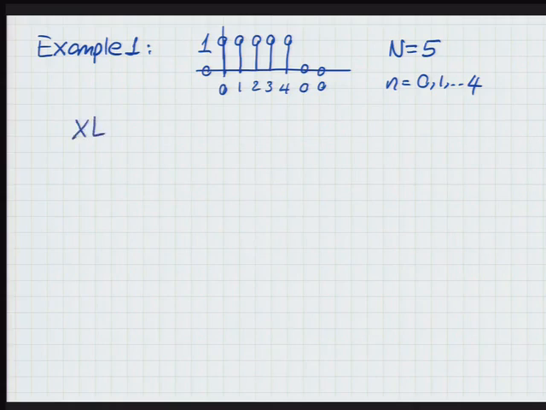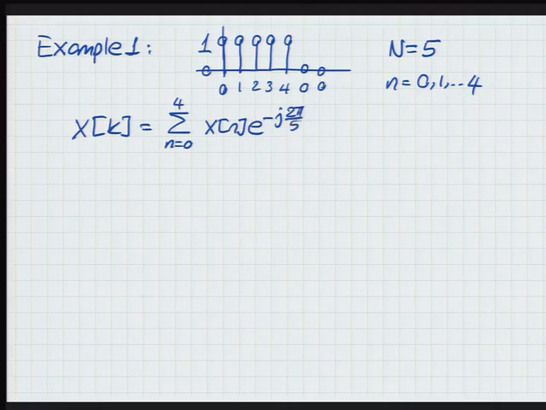Let's do it. Remember the definition. You will have to sum from 0 to 4 x of n e^(-j2π/N kn), where capital N is 5. What is 2π/5? 72 degrees.